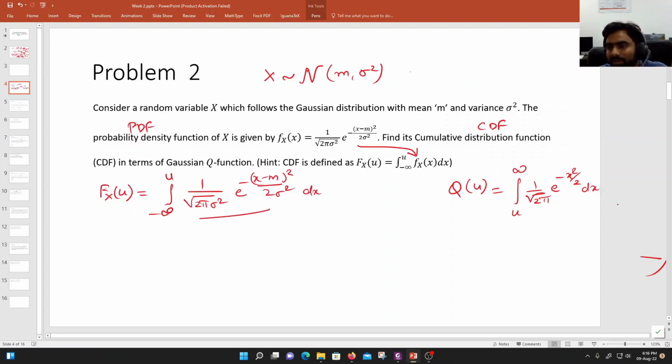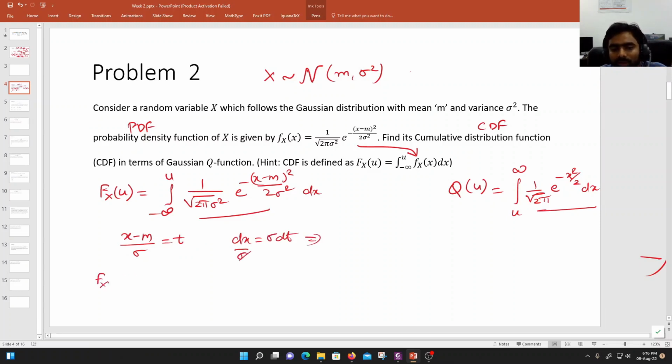First of all, see the integral, this term. A simple substitution we can make: (x minus m) by sigma we can substitute as t. So dx equals sigma dt.